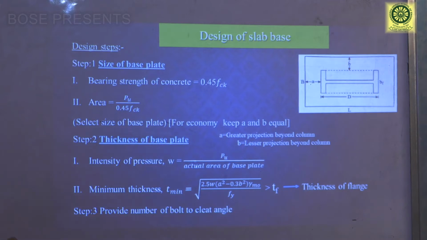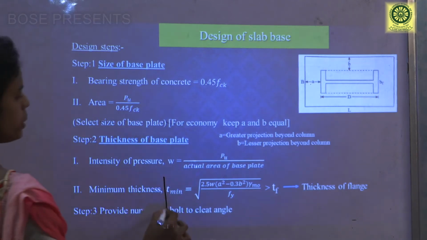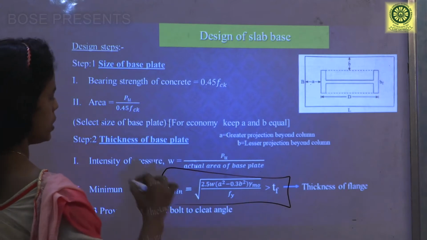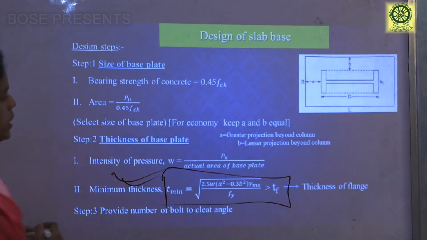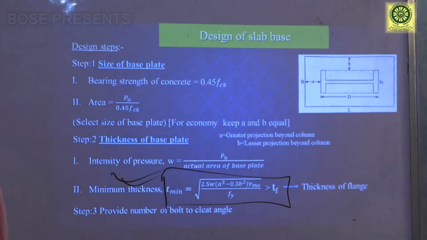Then the minimum thickness is prescribed as per IS 800 clause 7.4.3.1, and that minimum thickness should be more than the thickness of flange. This check is needed. Then if a bolted connection is used, provide the number of bolts to cleat angle. If a welded connection is used, then provide the size of the weld.